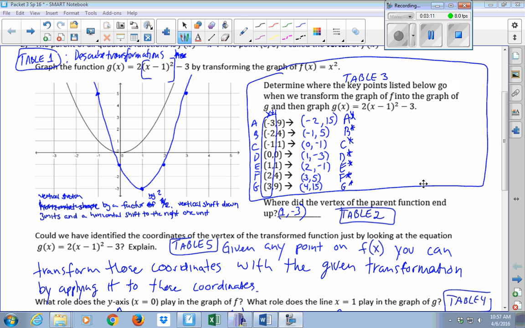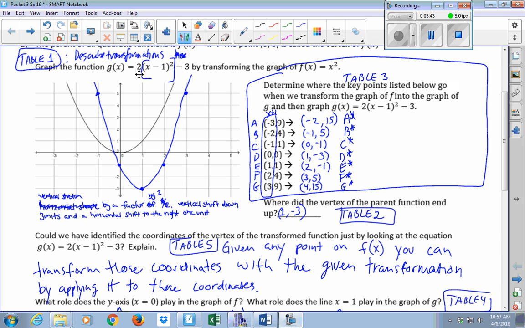Given any point on f of x, here's 7 of them, you can transform the coordinates by looking at these transformations and applying them to the original coordinates. So that's what he was talking about. You say, oh yeah, this is what's happening, and you can do it in multiple steps. I just did them all at once because the answers were here. You could have done each transformation one at a time if you wanted.